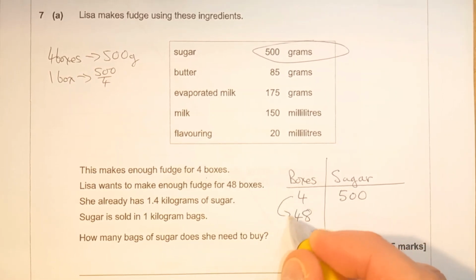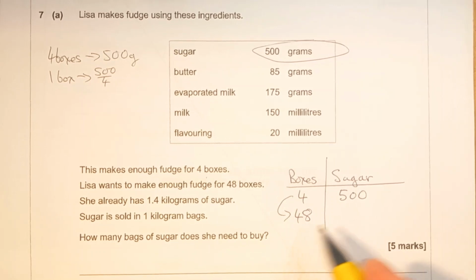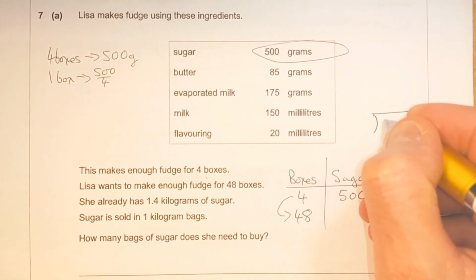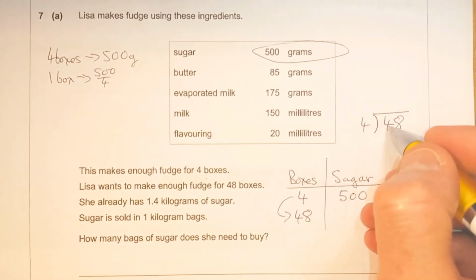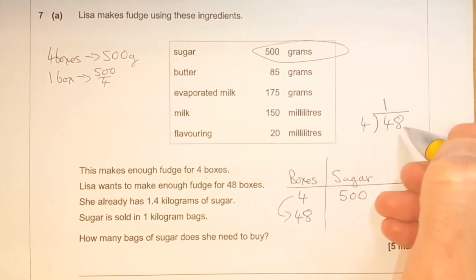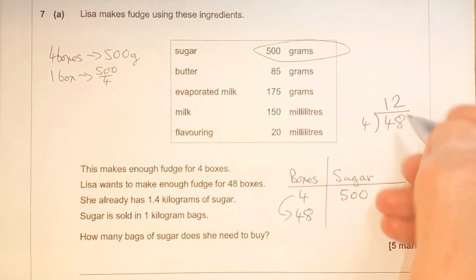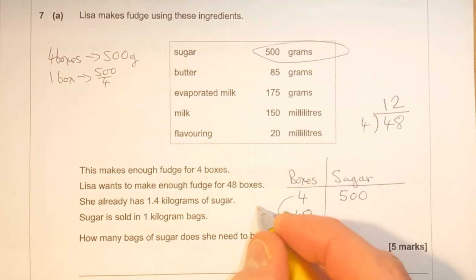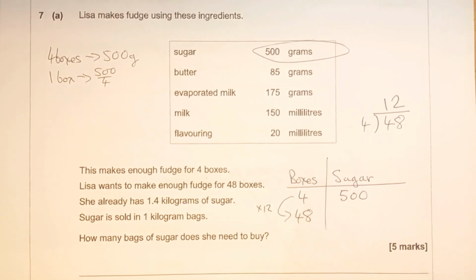Okay, well, how many lots of 4 do we need to make 48? Well, let's do it with the bus stop method. So 48 divided by 4. 4 goes into 4 once, and 4 goes into 8 twice. So what we're saying is we actually want 12 lots of these 4 boxes.